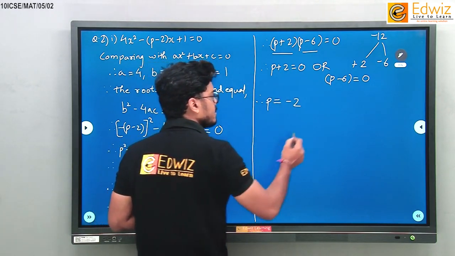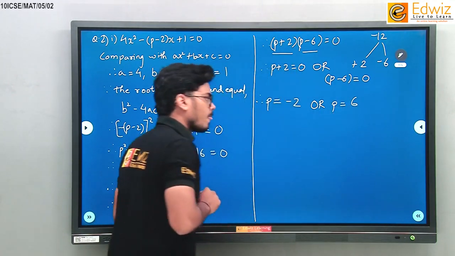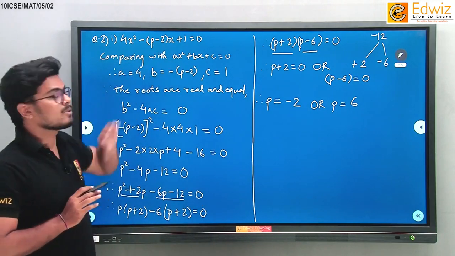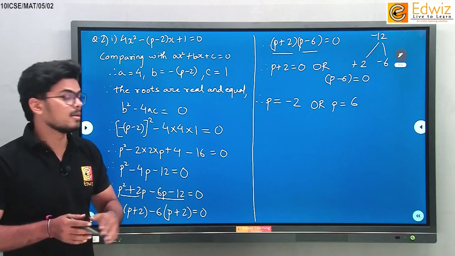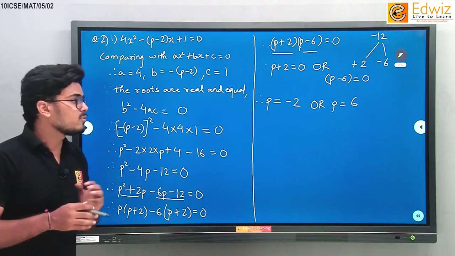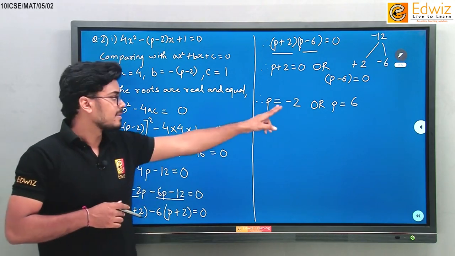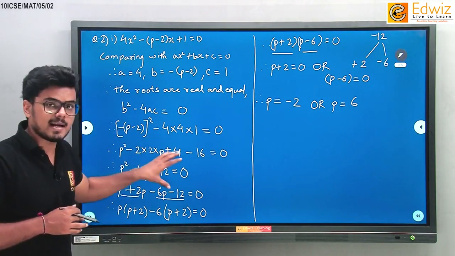Plus 2 went to the other side, and p equal to 6. Both these solutions will satisfy this quadratic equation. Okay? We are finding out p. If you check the answer at the back of your textbook, p will have two values. They are minus 2 and 6. Correct? Because we got a quadratic equation.